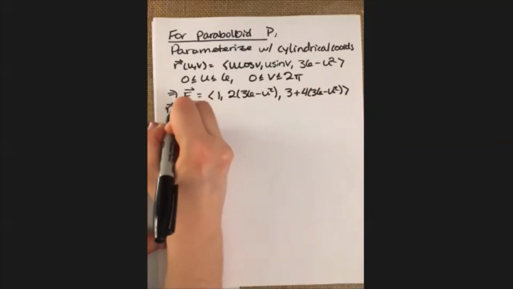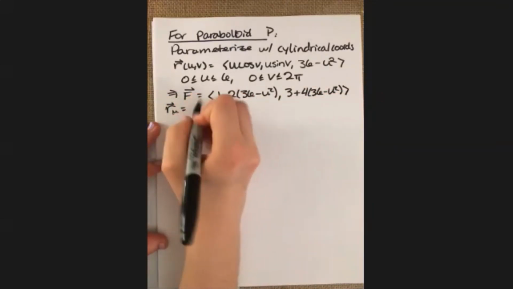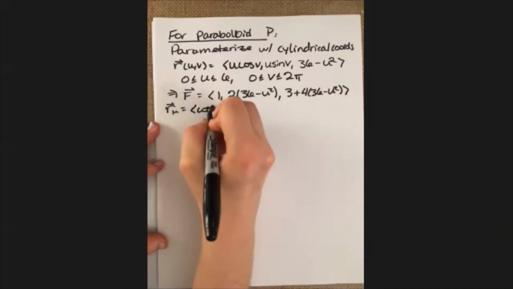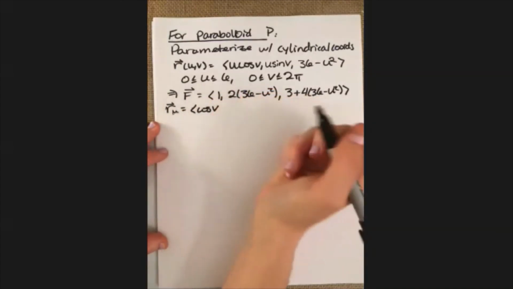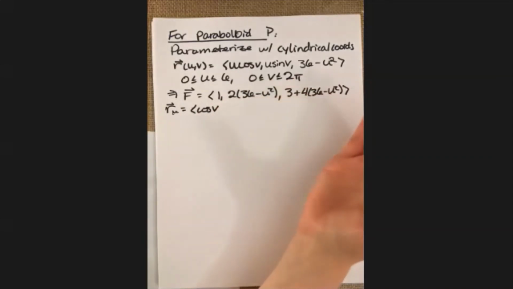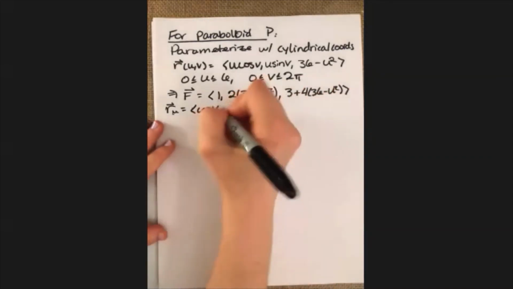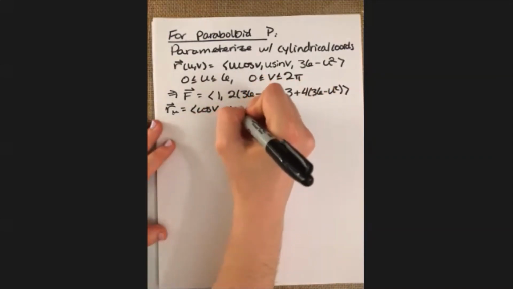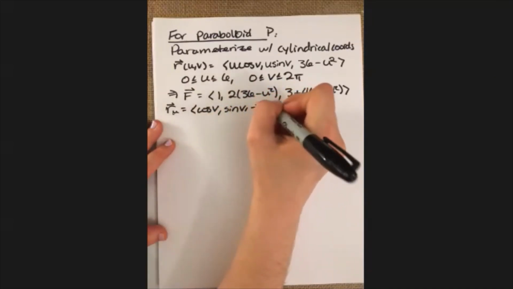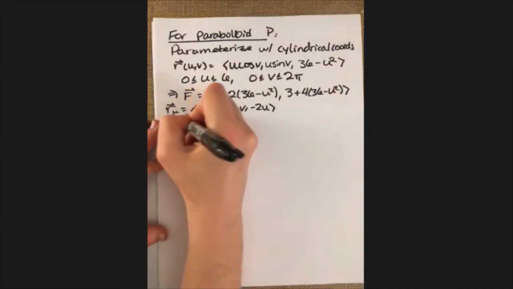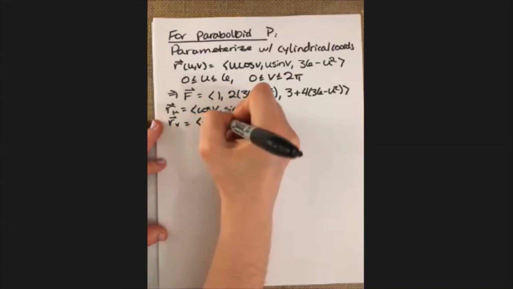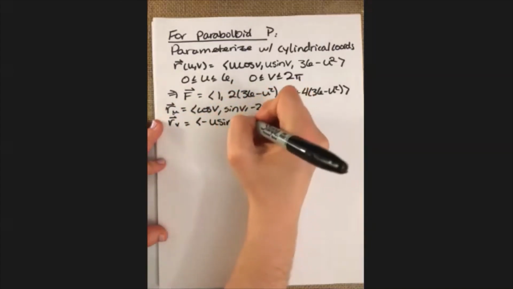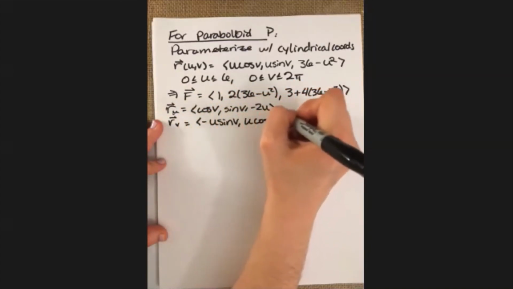So r_u is equal to (cosine v, sine v, negative 2u), so we can compute our normal vector, and r_v is equal to (negative u sine v, u cosine v, 0).